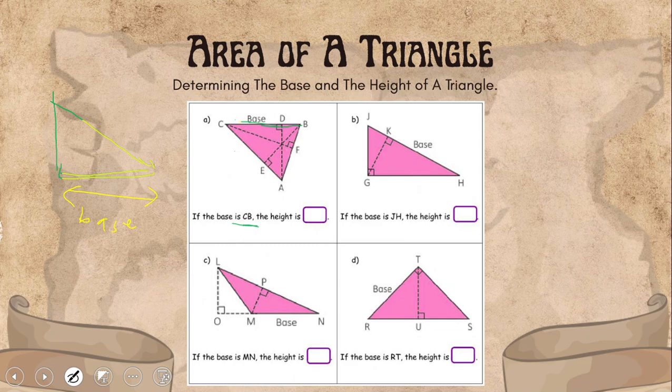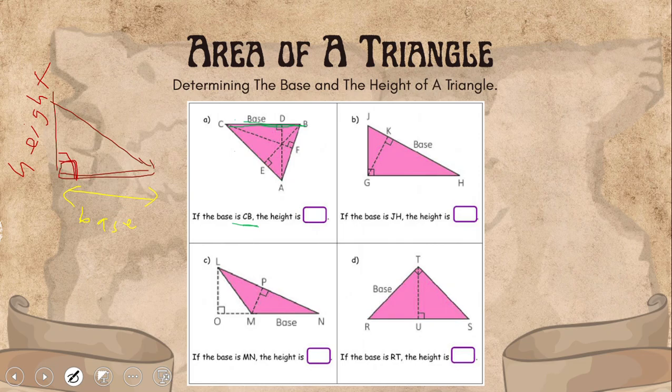So your base will be here, your height will be here. So for A here, this is 90 degrees. For question A, the base is CB, and the height, as I said, is 90 degrees to the base itself.